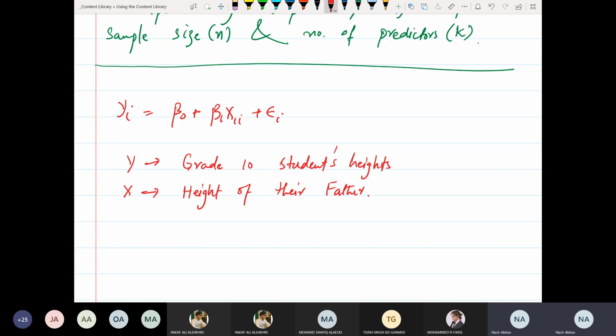So obviously there is a relationship between grade 10 students' height and the height of their father. Who can tell me what is the sign of beta 1 hat you expect? Will it be positive or negative?